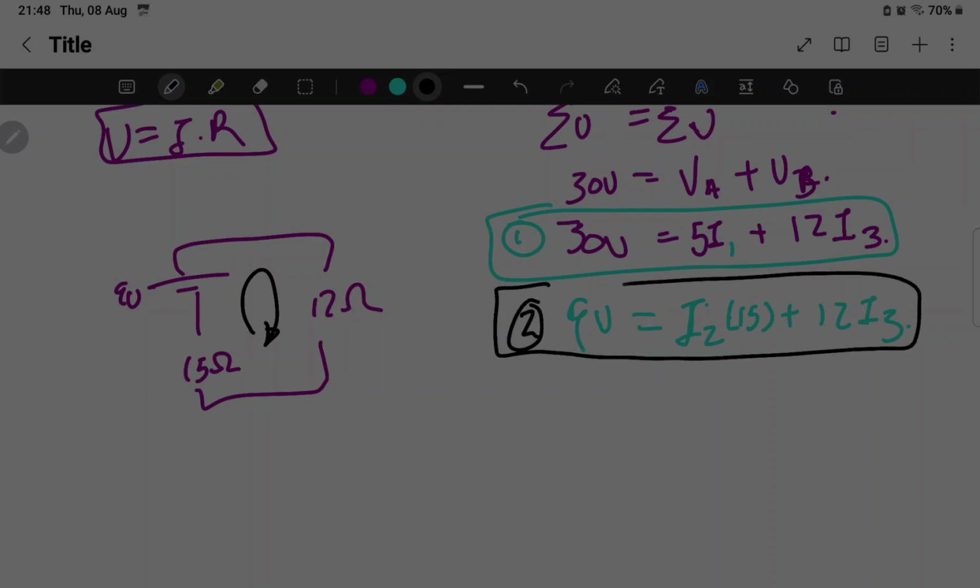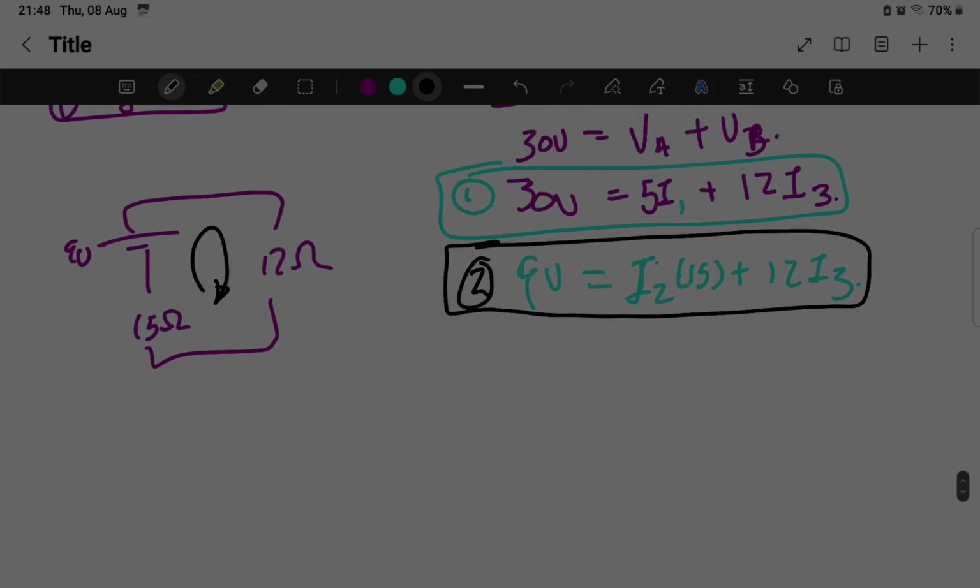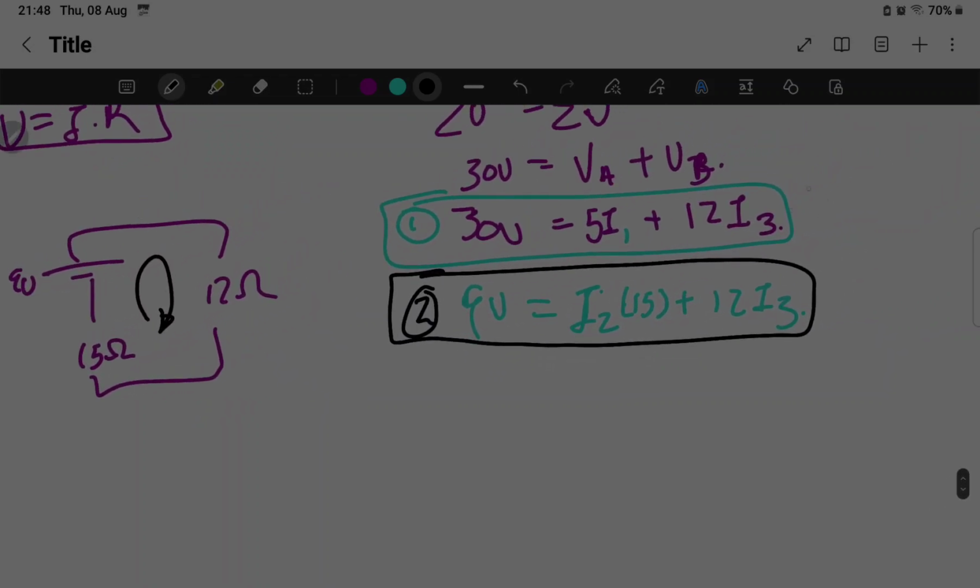So now we have 2 equations, and now we will be solving them. Let's multiply this one by 21. Okay, sorry, where was I? Now at the bottom we're going to multiply by 12.